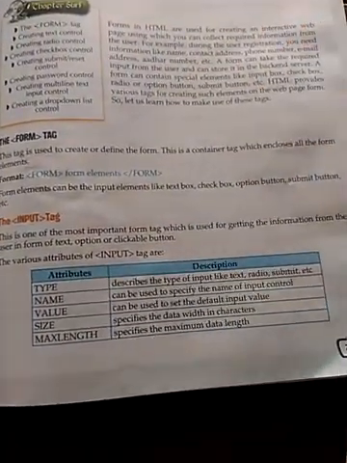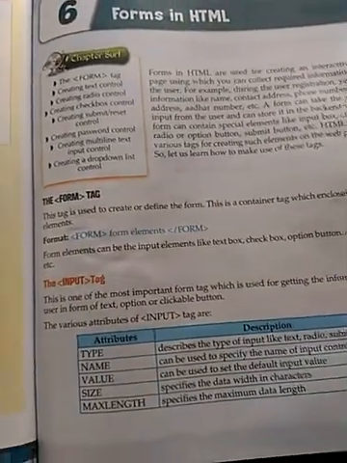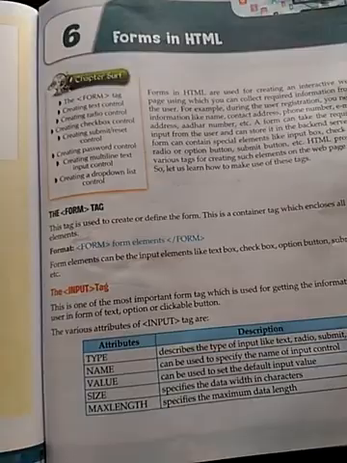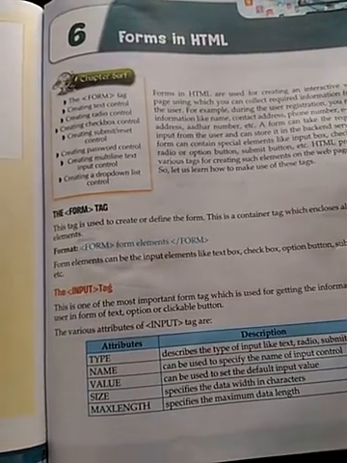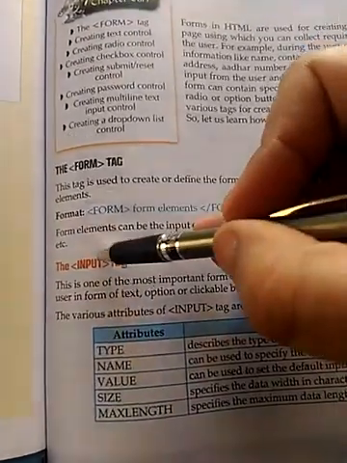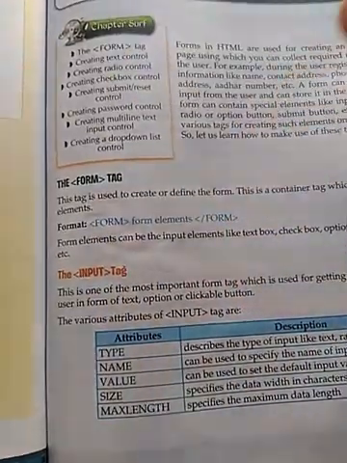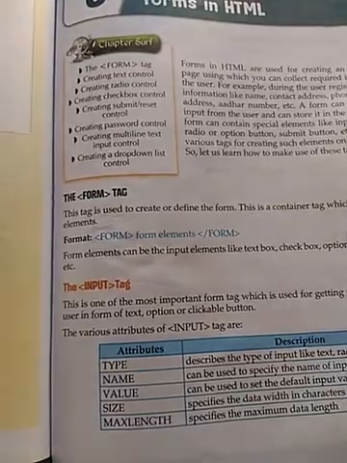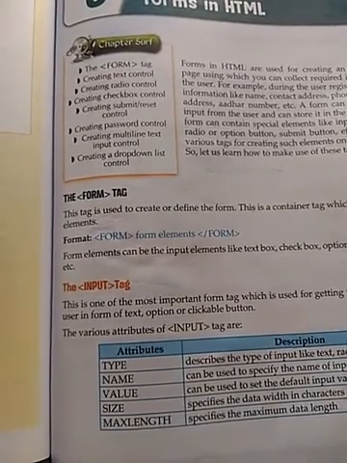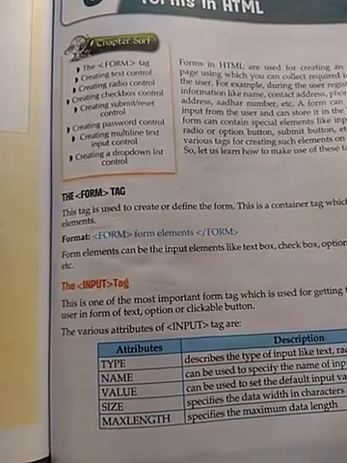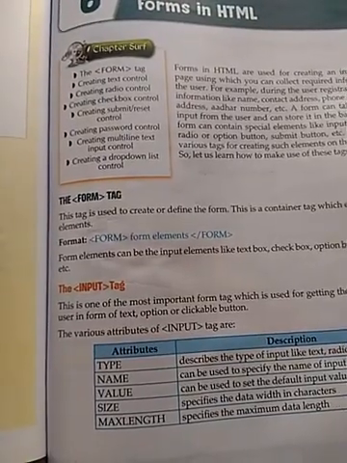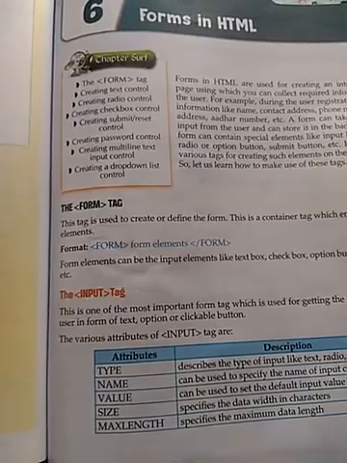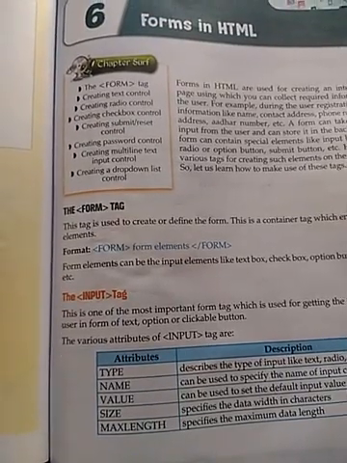Forms can have many controls such as input box, check box, radio button, submit button, drop down list, etc. Input tag is used to take the input from the user. Remember that input is to take the input, and input could be in the form of text, it could be in the form of click, means checked or unchecked. So to take the input, in any case you have to write input.